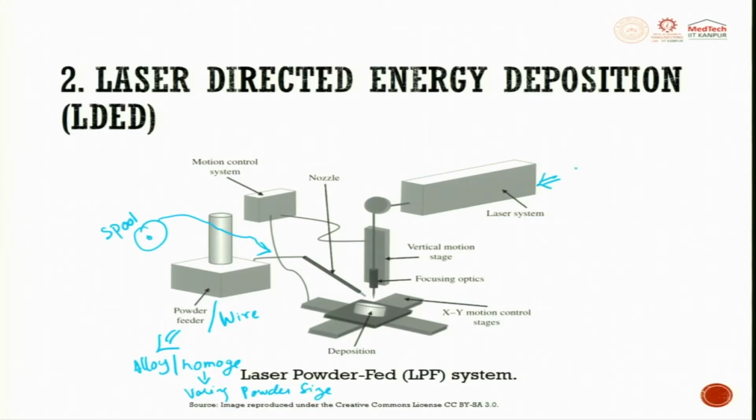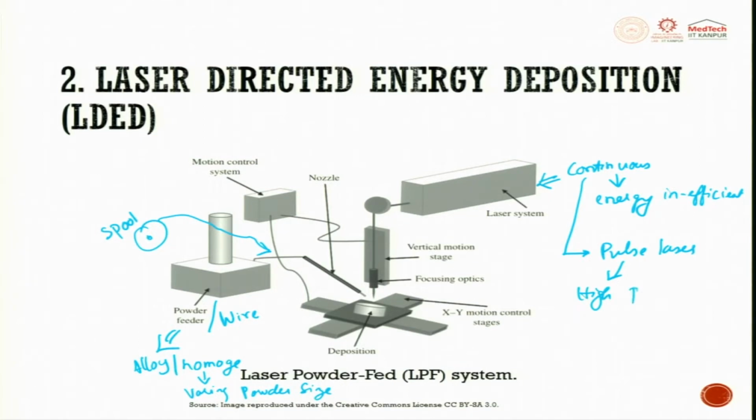Predominantly these lasers will be continuous, but if you use continuous, it will always be energy inefficient. So, people have started using pulsed laser, because pulsed laser comes with very high peak energy.